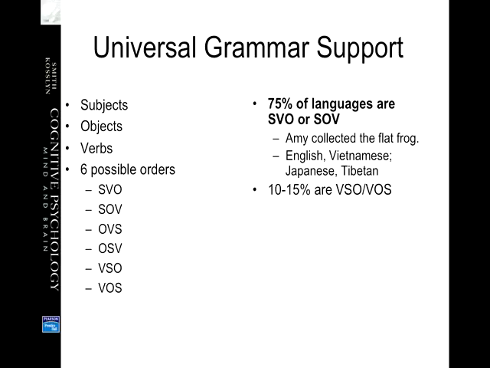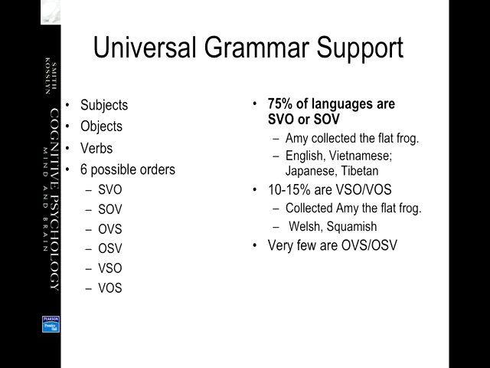Only 10 to 15% start with a verb, like Welsh and Squamish. And almost no languages start with the object. I can't pronounce that, but that's one of the languages that does. So the support is basically that they're not an equal split.